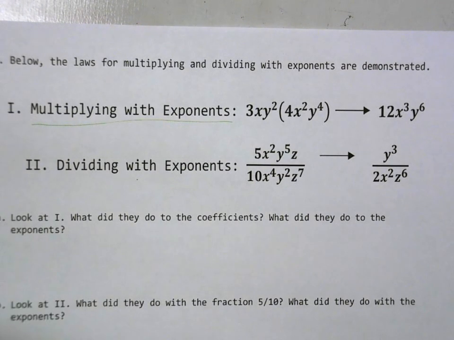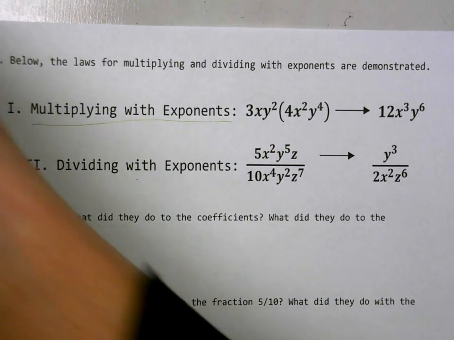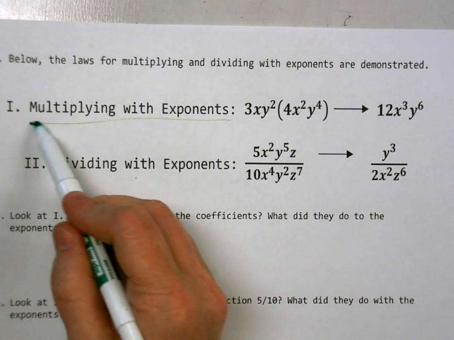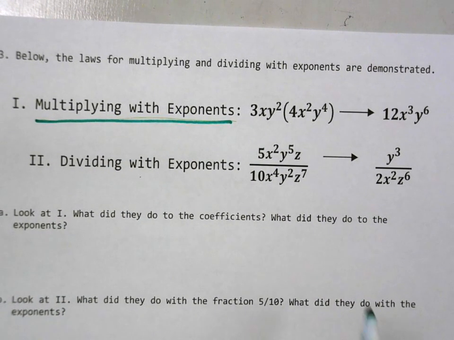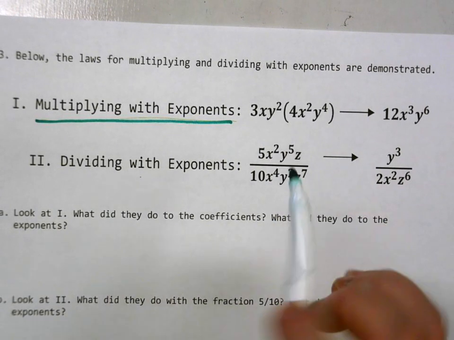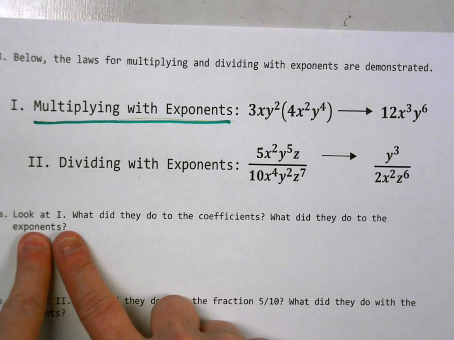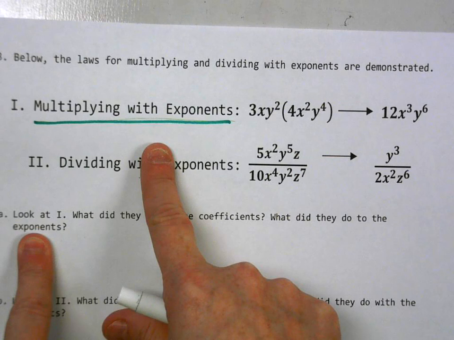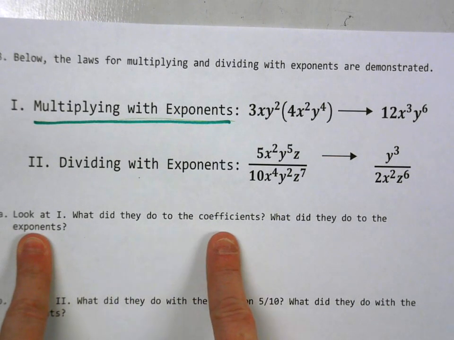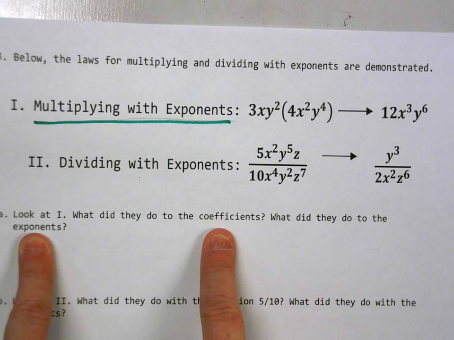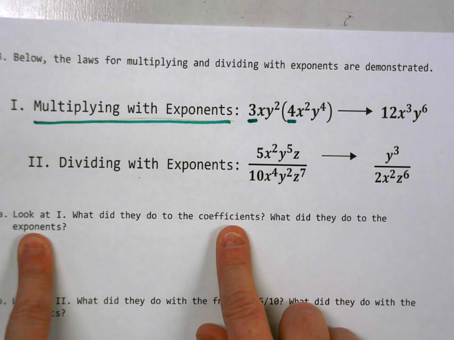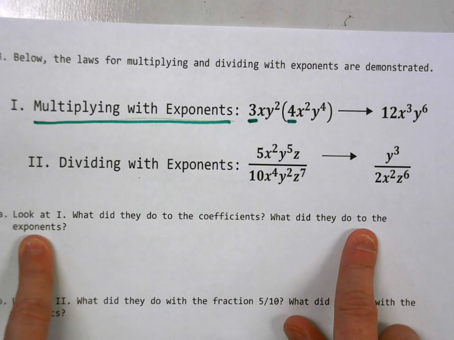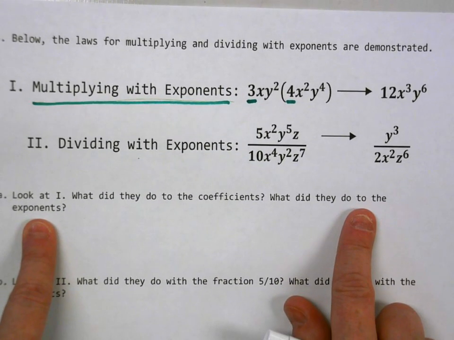When you are multiplying exponents, to answer this first question here, look at problem number 1. What did they do to the coefficients? Jolene just reminded us that the coefficients are the numbers that are in front of the variables. So what did they do to the coefficients? And then what did they do to the exponents?